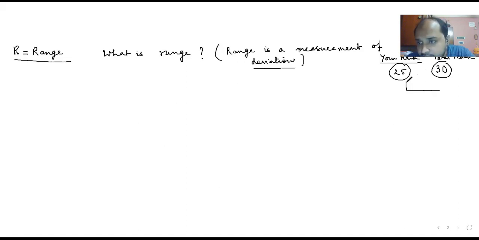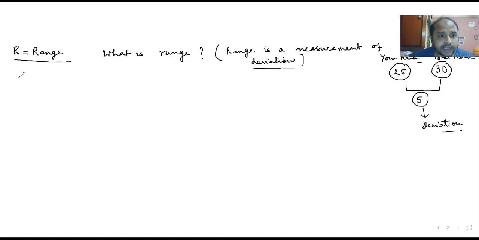So that quantity 5 is your deviation from the mark 30. The difference, how much you are deviated from this value, that is called the deviation. This 5 is called the deviation in statistical term. Okay, very briefly I am saying, from a pedagogical point of view, ma'am is going to talk about deviation and how to calculate that. I'm going to talk about range only.